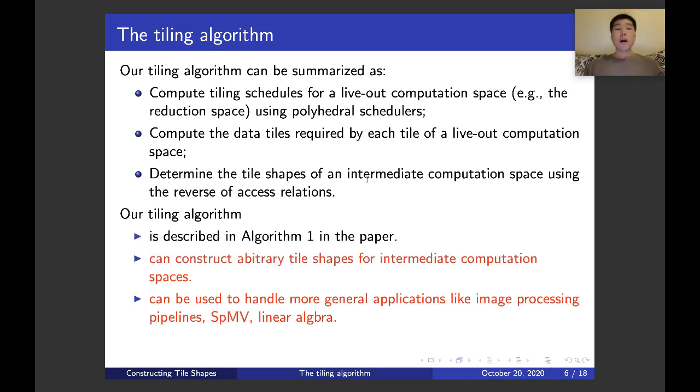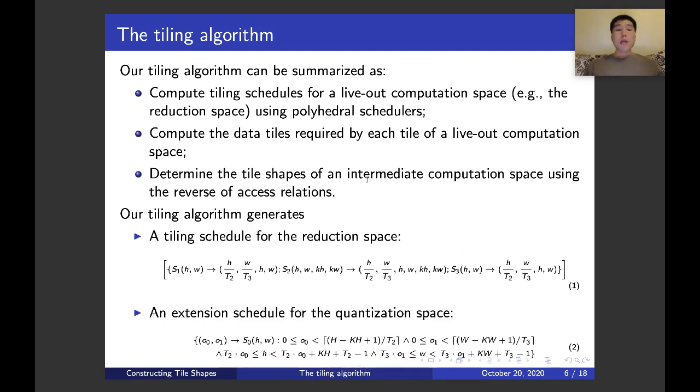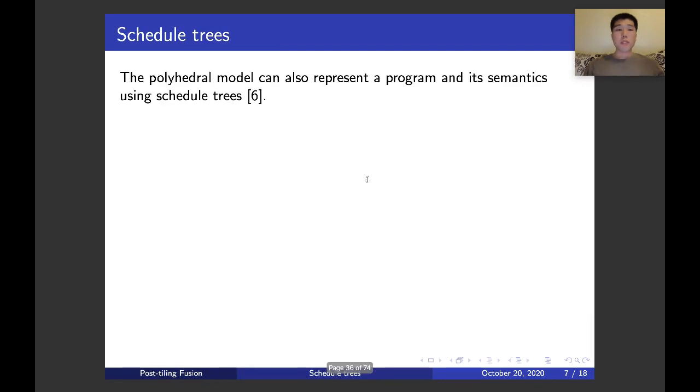This tiling algorithm can construct arbitrary tile shapes, and it can be used to handle more general cases. This algorithm can generate a tiling schedule for the reduction space and an extension schedule for the quantization space for the example shown in the presentation.